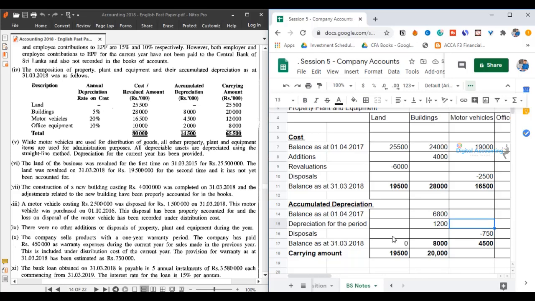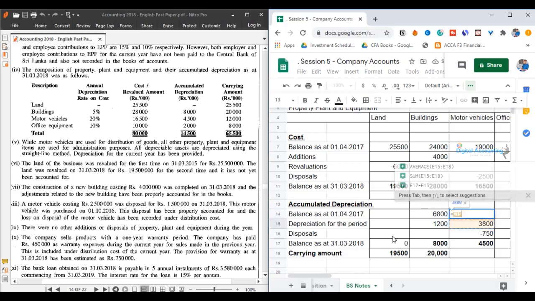Now we need to find the depreciation for the period. Since this disposal happened at the year end, the opening balance should be charged for the full year. So depreciation for the period should be on the opening balance of 19,000. Normally we charge motor vehicles 20%, that is 3,800.